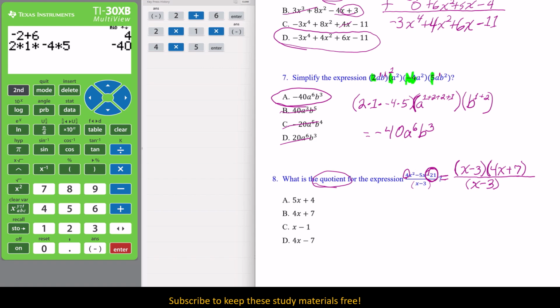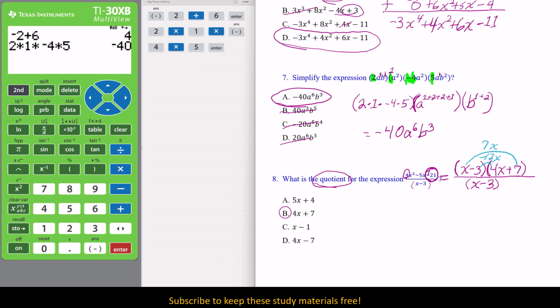Now we go over to our ABCD options and we see B. But let's follow through. We would have to take the outer terms multiplied together and the inner terms multiplied together and add those two. Let's see what happens. 7 times x is 7x. And then -3 times 4x is -12x.